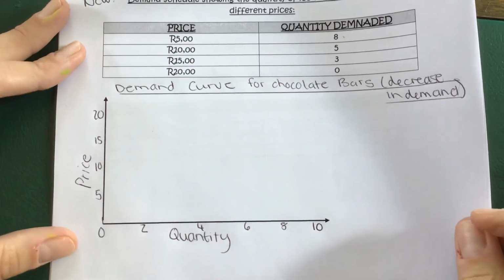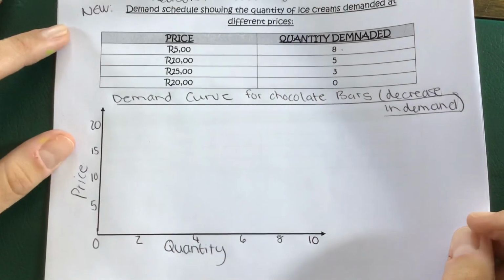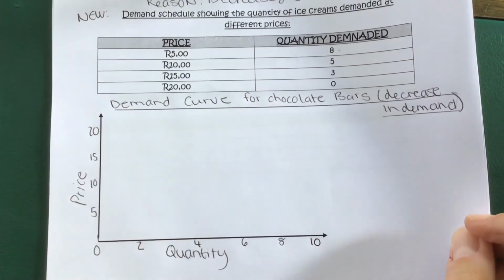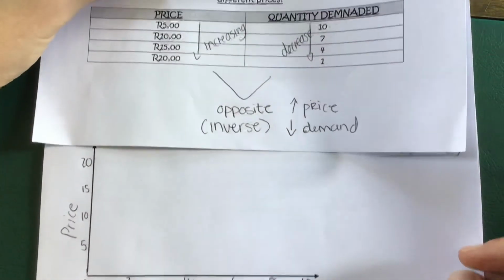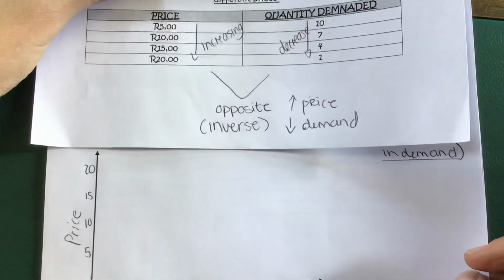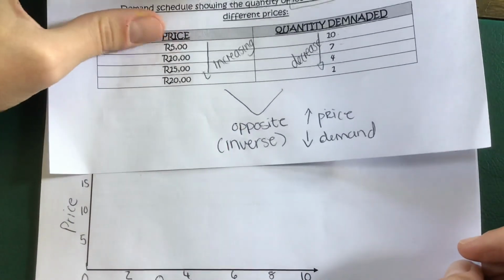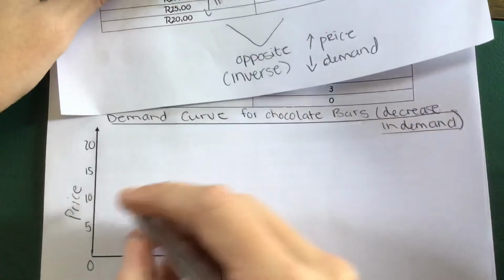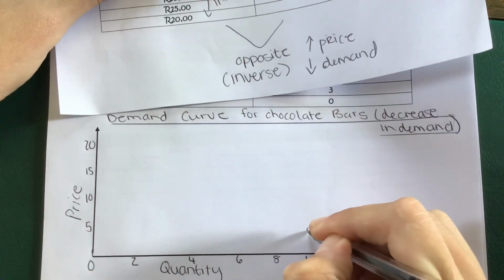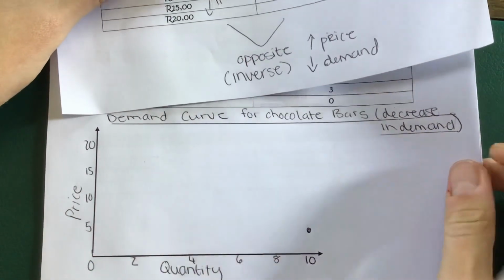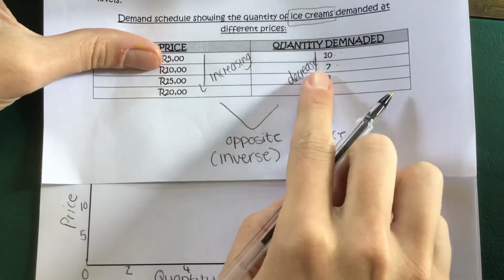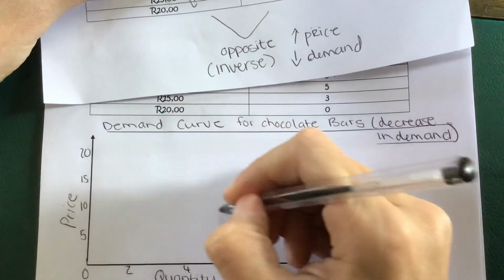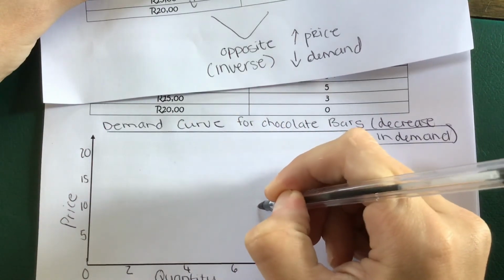So we are going to draw the first demand curve from the original demand schedule. I'll put it here for us to see. At 5 Rand, 10 are demanded. Again, I'm drawing that first one. 10 Rand and 7 are demanded.